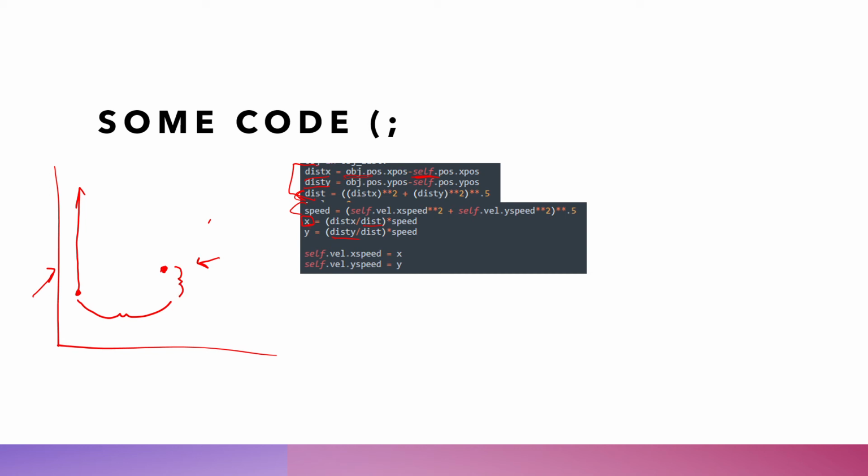And what this is actually going to do is he's going to always head straight for this pursuant. So at first he's going to take a straight line that way, but then after some time t, the pursuant is going to be up here, and the pursuer is going to be like right there.